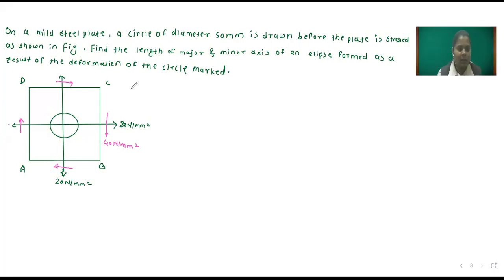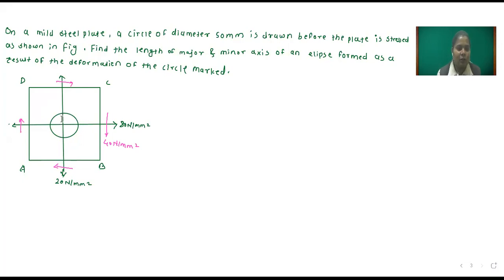Okay, so here A, B, C, D plate is given. On that plate, one steel rod or steel shaft is provided having diameter 50 mm. Before application of loading, the hole is circular.